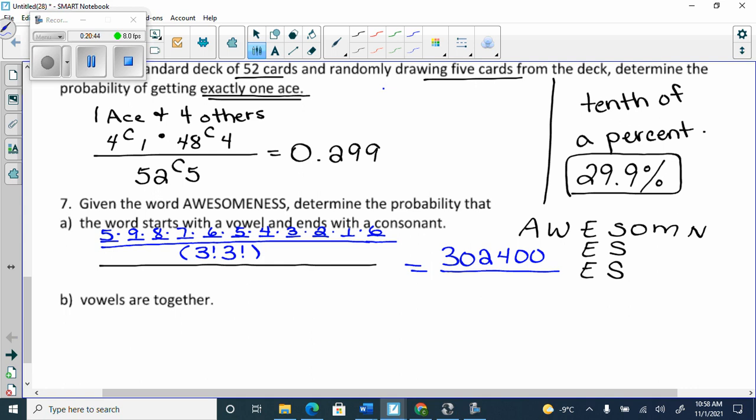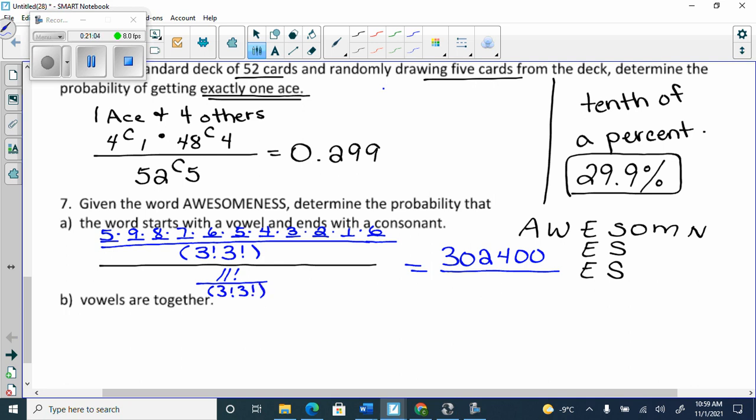And that would just be my top. We agree? The bottom is total no restrictions, right? How many letters are in awesomeness? 11 factorial over 3 factorial, 3 factorial. Total no restrictions.